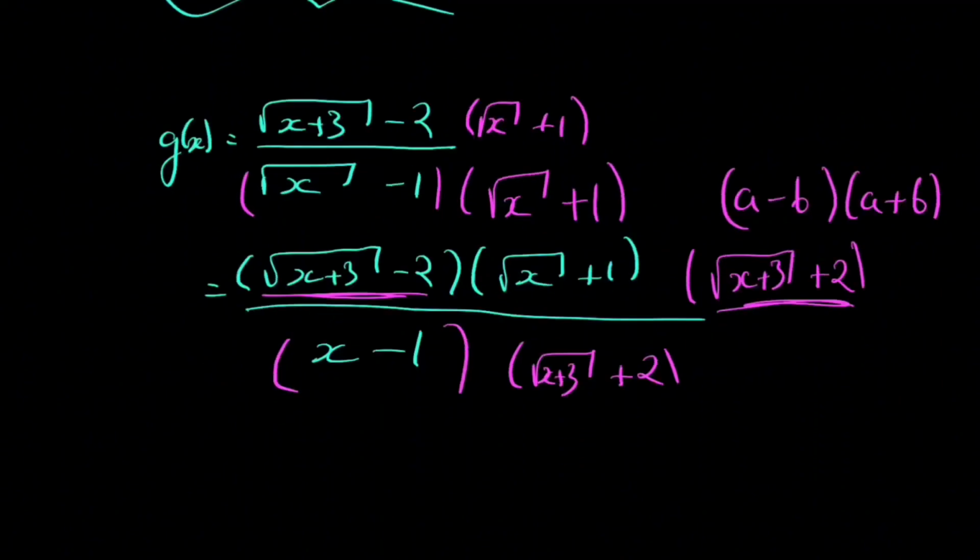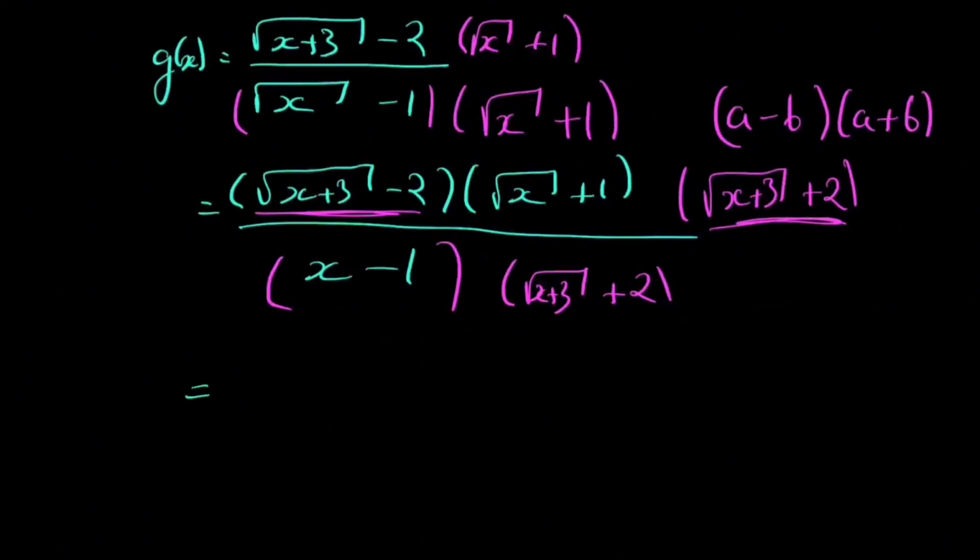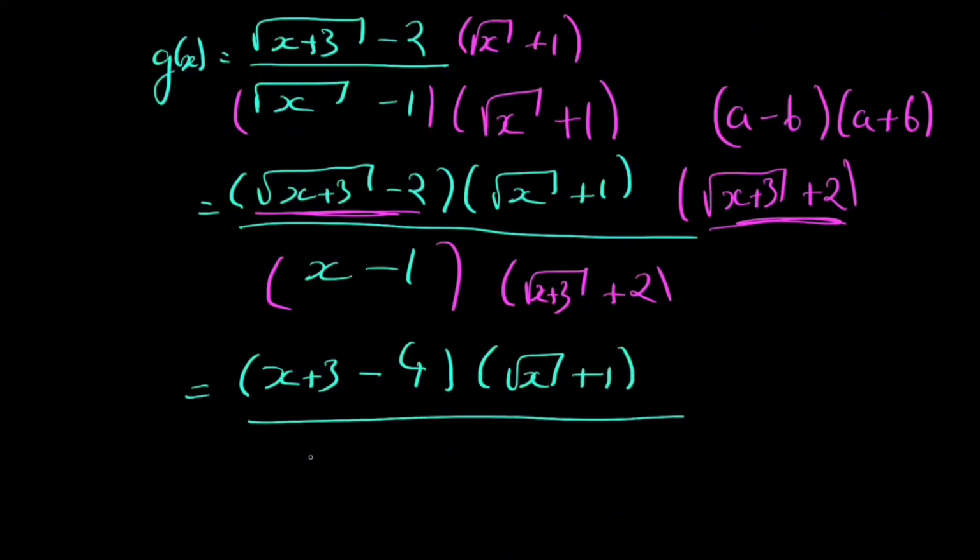Now we've got x plus 3 minus 4, since 2 squared is equal to 4, times square root of x plus 1, divided by x minus 1 times square root of x plus 3 plus 2.